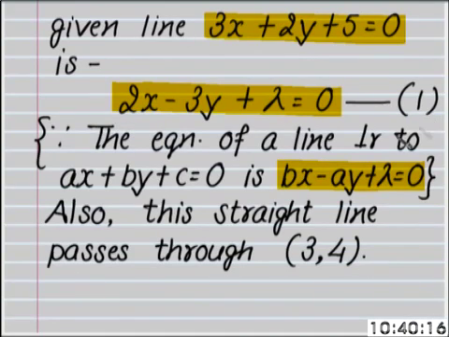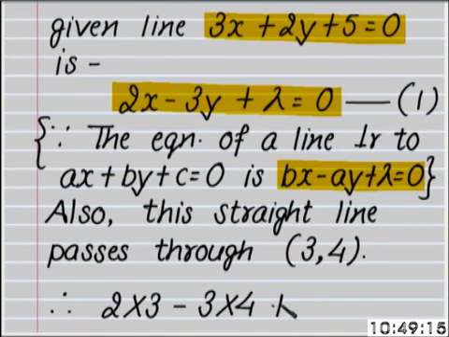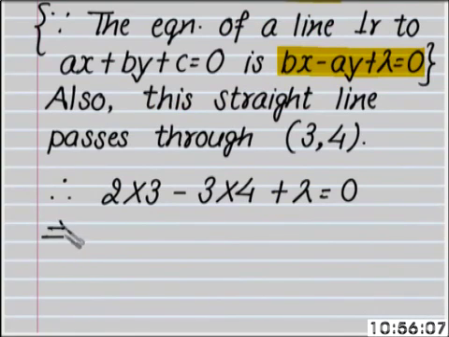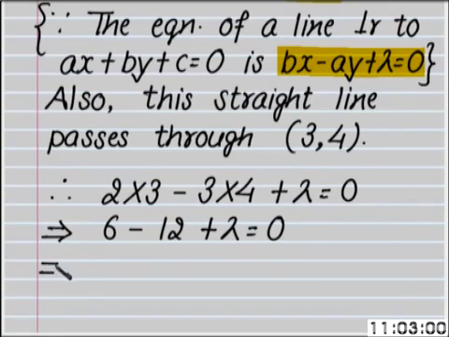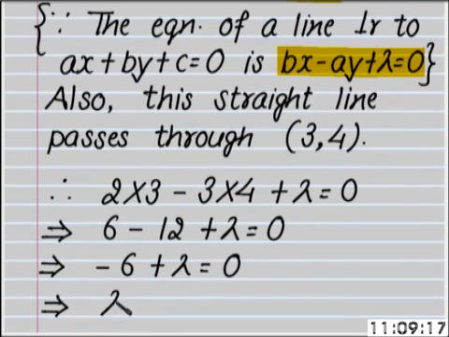So from equation number 1 we get 2 into 3 minus 3 into 4 plus lambda is equal to 0, implies that 6 minus 12 plus lambda is equal to 0, further implies minus 6 plus lambda is equal to 0, further implies lambda is equal to 6.